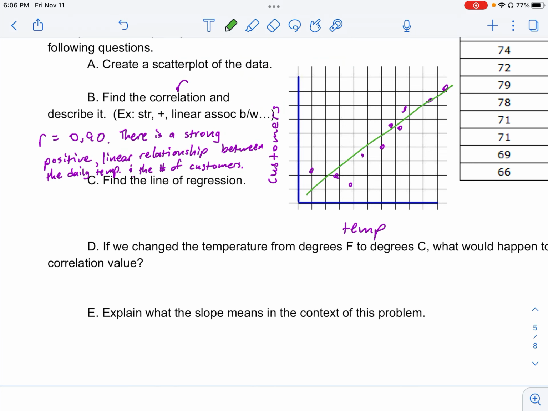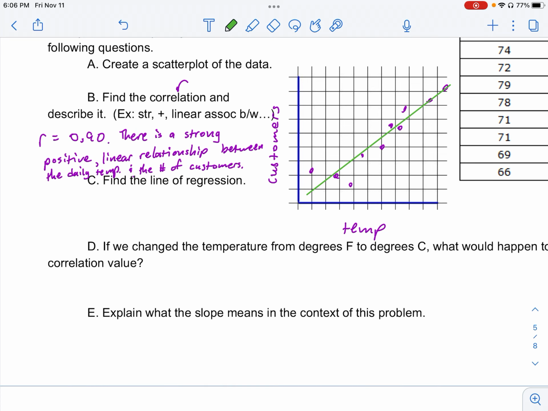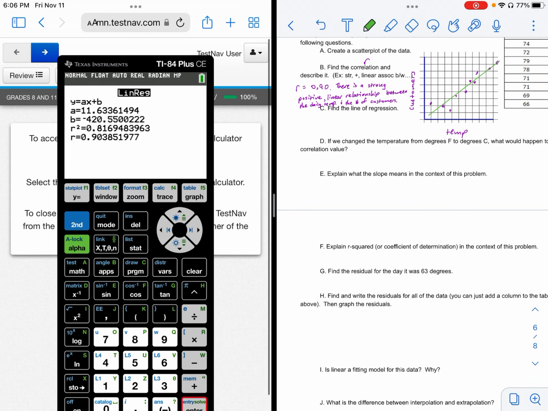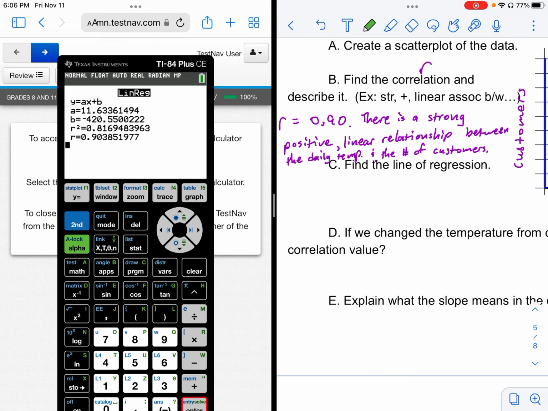Well, I can draw it. That'll be fun. There it is. But if I want the actual equation, I go back to my calculator, and it was on that screen that I just had up. It's still there. See a and b right there? a is my slope. So 11.6, and then x minus 420.55.